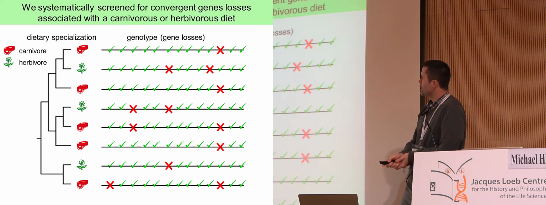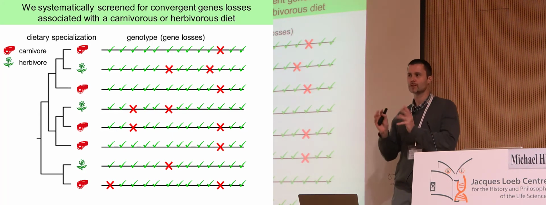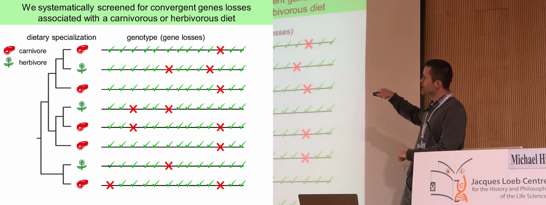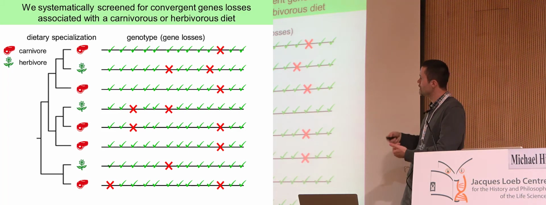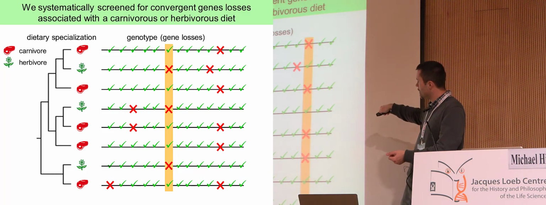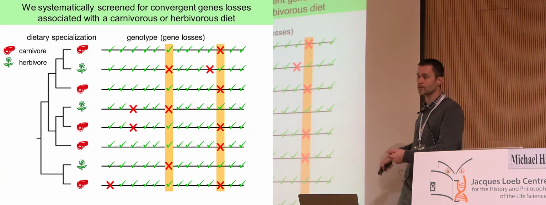So I'll give you 4 different stories of where we applied this principle. The first trait was dietary specialization. We grouped mammals into strict carnivores and strict herbivores, and then screened the data to find genes preferentially lost in herbivores and genes preferentially lost in carnivores.